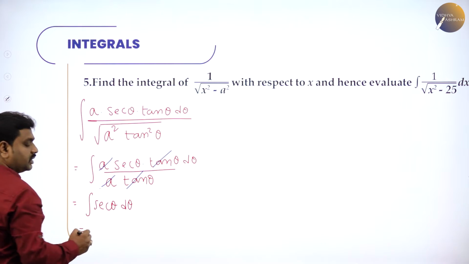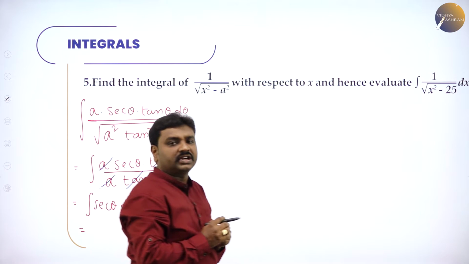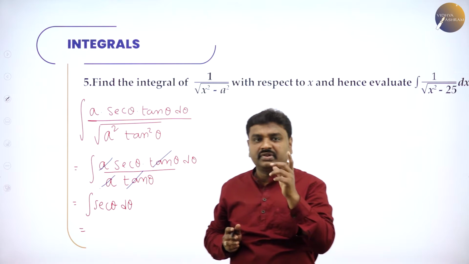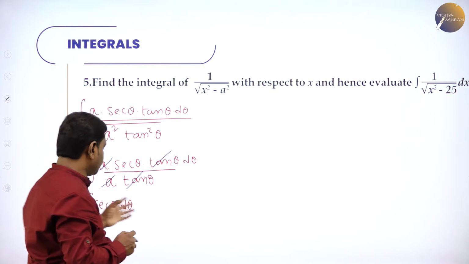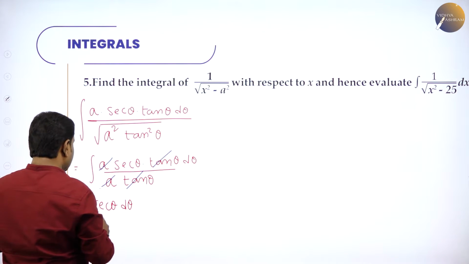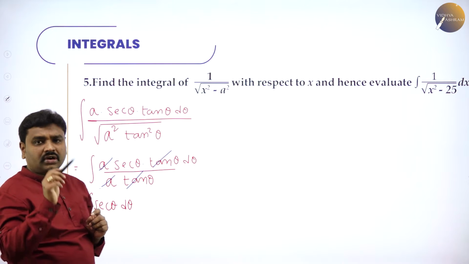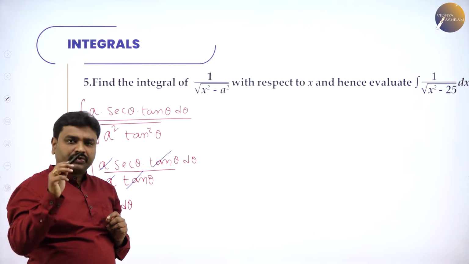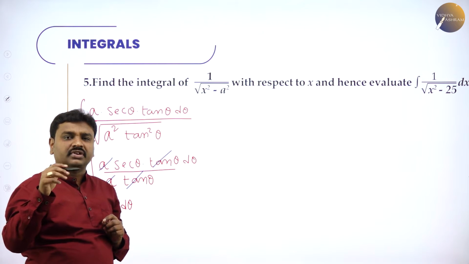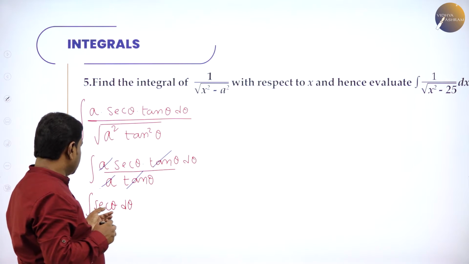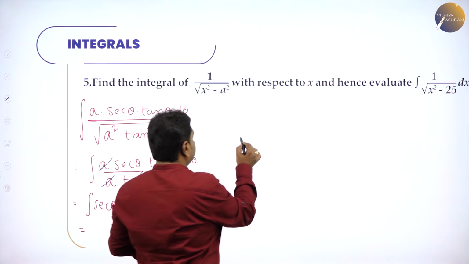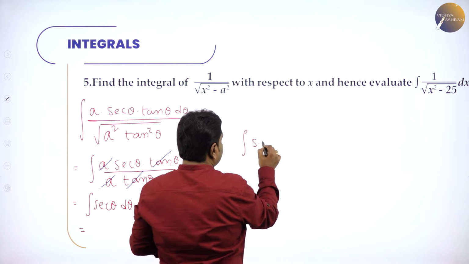Now you know, in the formula list you have learned integration of secant x. Integration of secant x is what? Log of secant x plus c. So if you differentiate log of secant x, you will get 1 by secant into tan. Sorry, here we have, go to the integral of secant x.